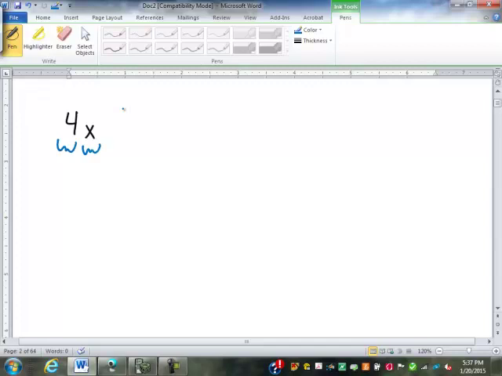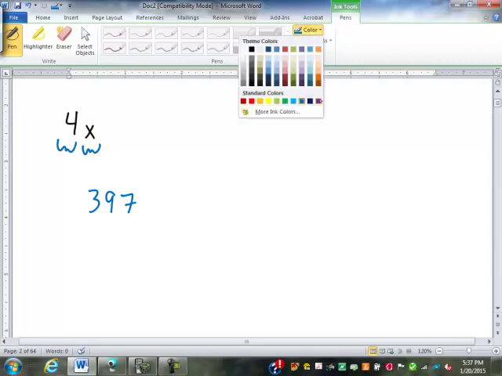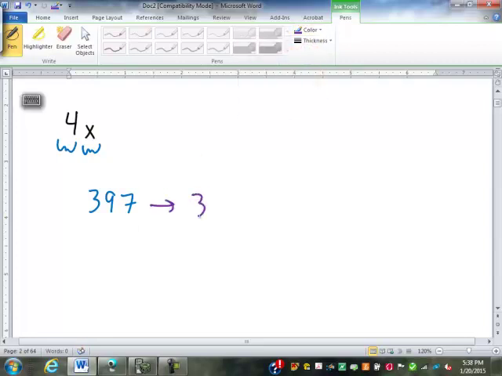Now to understand algebraic numbers a little bit better, it helps to understand our number system a little bit better. You know, we talked about how 397 is just an abbreviation. It's really 3 hundreds and 9 tens and 7 ones.